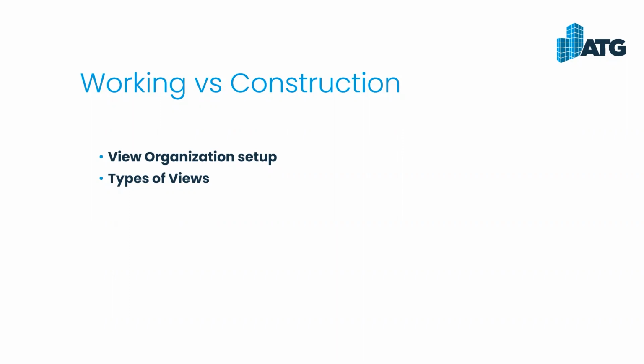Here we're really talking about working and construction views. If you do have the MEP Productivity Pack that ATG sells, it already has a few categories in it: analysis, construction documents, coordination views, project setup, and working. So I'll talk a little bit about each of these here.